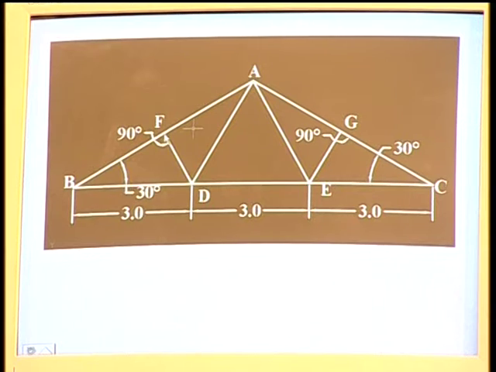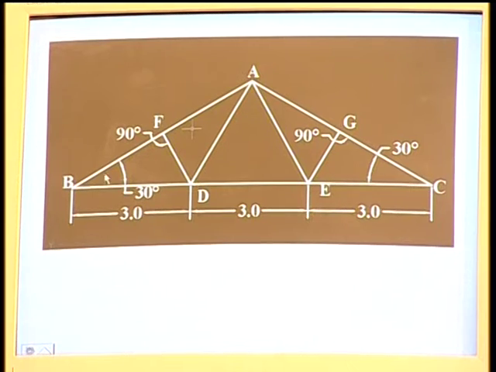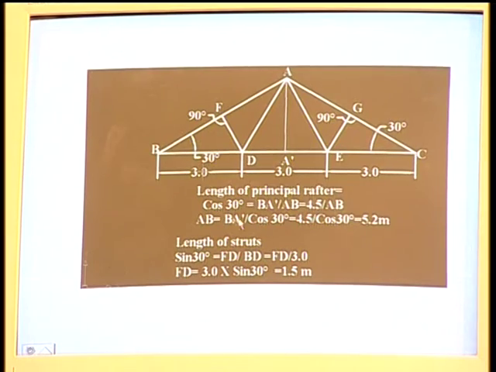So let us take one more problem here. Look at the picture. This is one truss problem. The truss consists of principal rafters. This is one principal rafter, this is another principal rafter, and this is the tie bar, and you have this one, a strut, at 90 degrees here. Now let us calculate the quantity of the principal rafter. So the principal rafters are AB and AC.